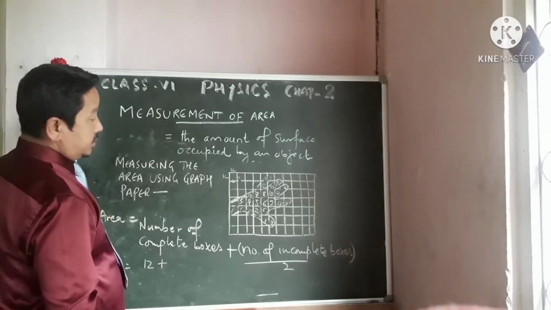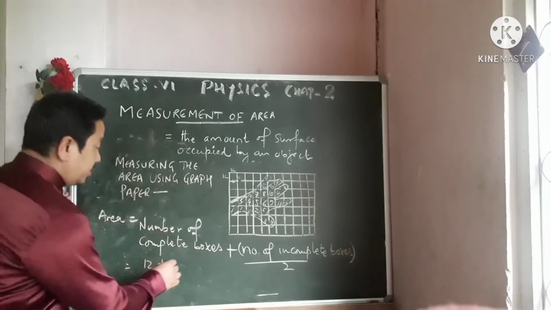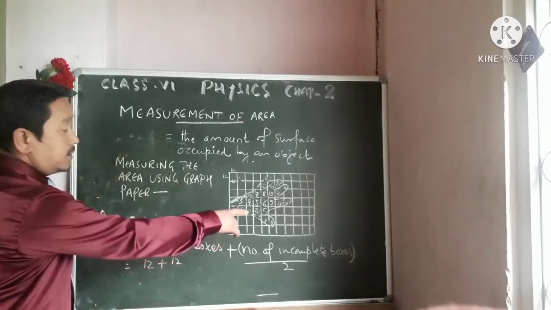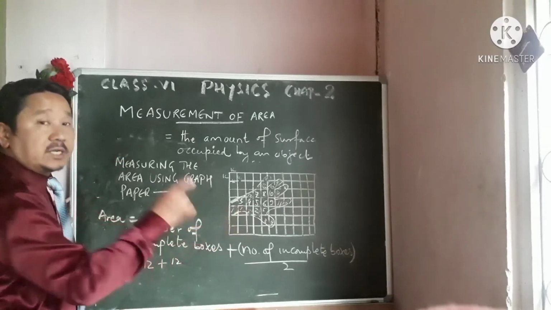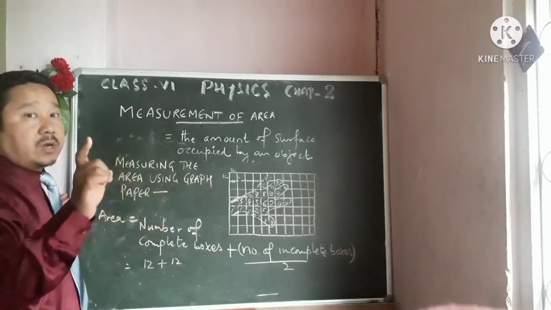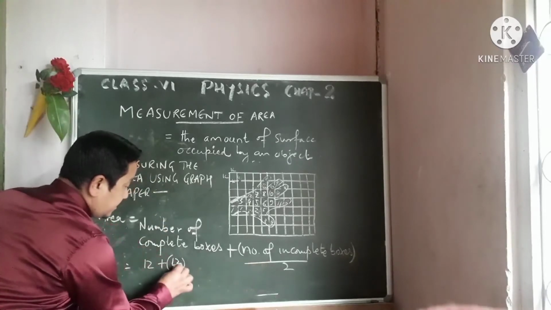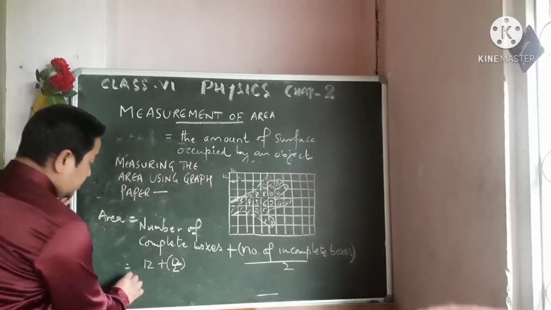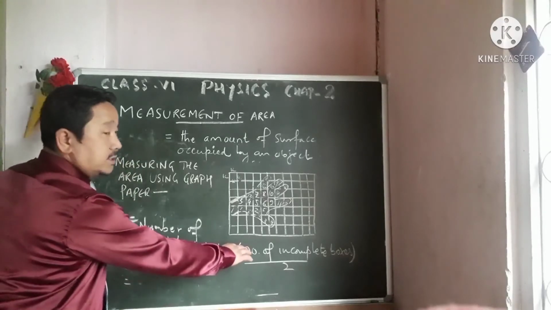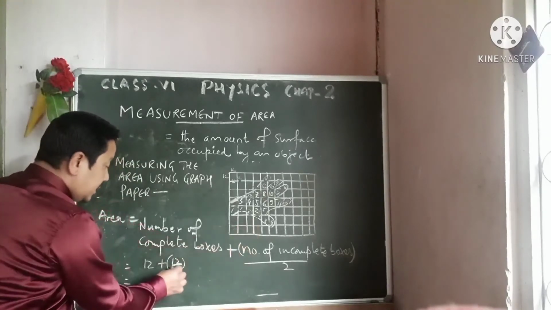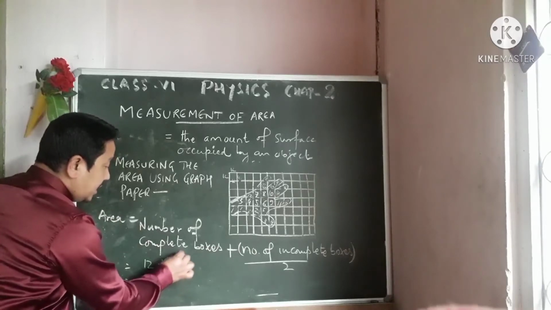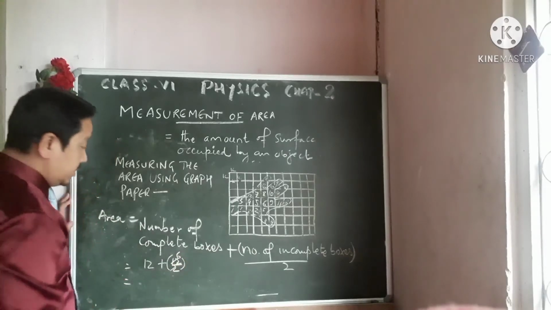Okay, so 12 boxes are incompletely enclosed by your outline, and by 2. That 2 is in the bracket, so you can directly cancel it here. 2 6s are 12. Okay, so now count it.